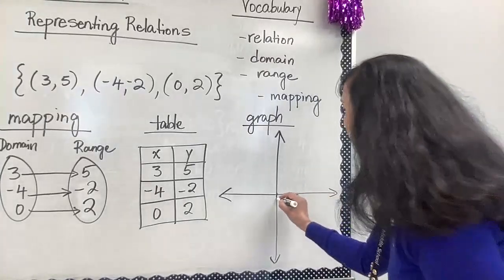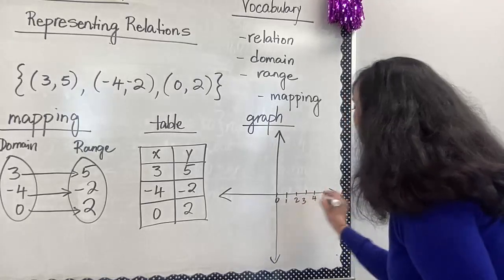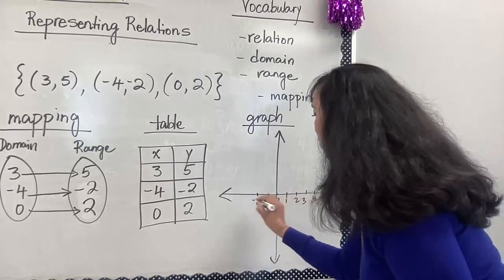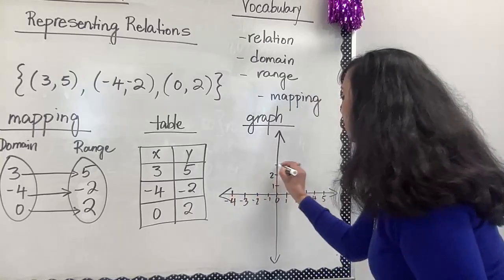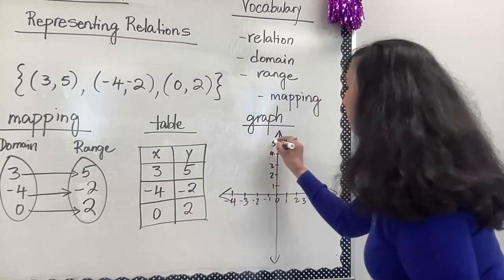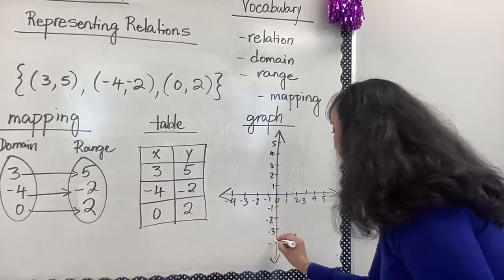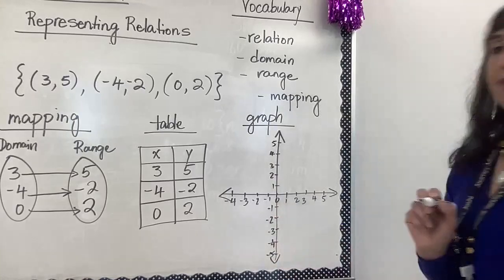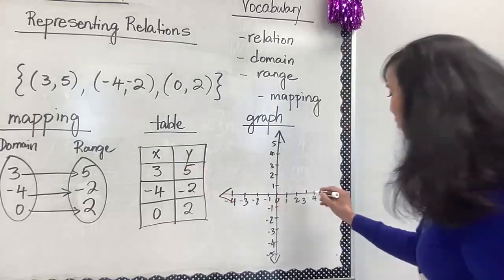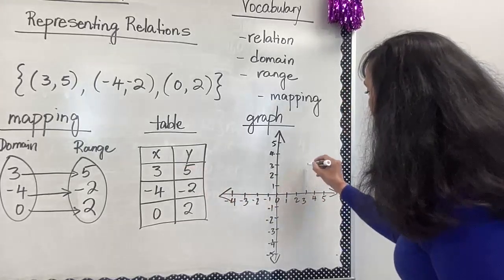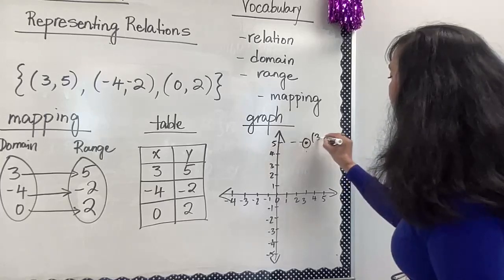So we have 0, 1, 2, 3, 4, 5, -1, -2, -3, -4, 1, 2, 3, 4, 5, -1, -2, -3, -4, -5. If I am graphing 3, 5, I go to 3 first, and then I go here, and that is 5, and this is my 3, 5.